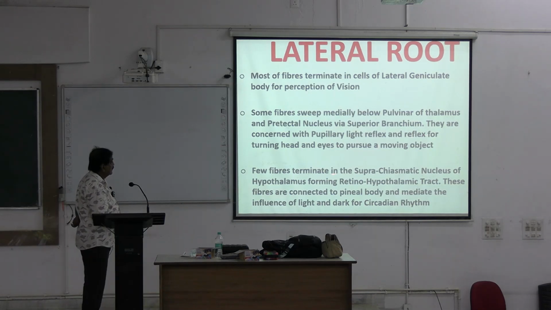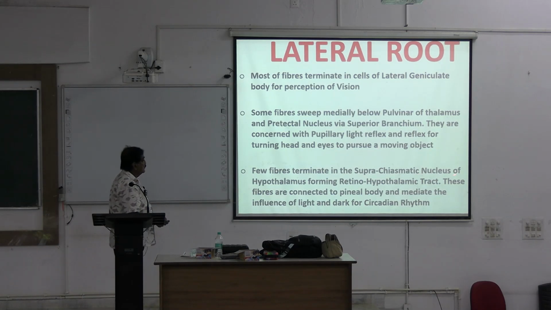Few fibers terminate in the suprachiasmatic nucleus of the hypothalamus, forming the retino-hypothalamic tract. These fibers are connected to the pineal body and mediate the influence of light and dark for circadian rhythm.